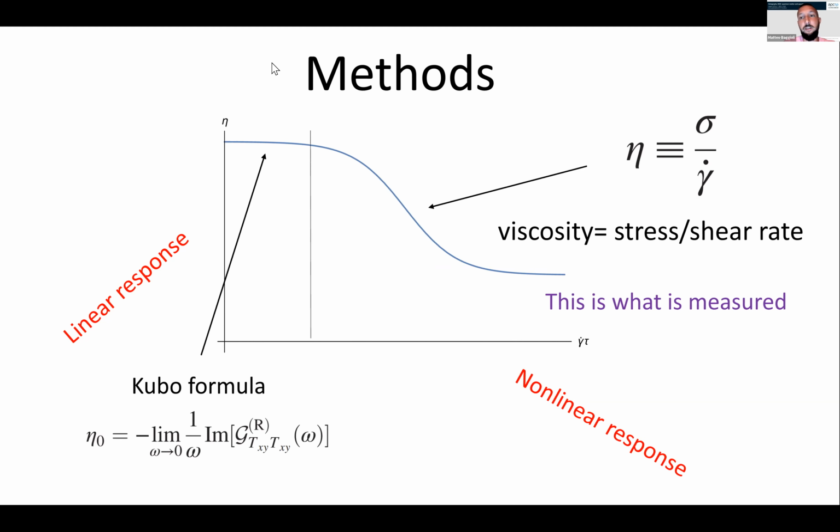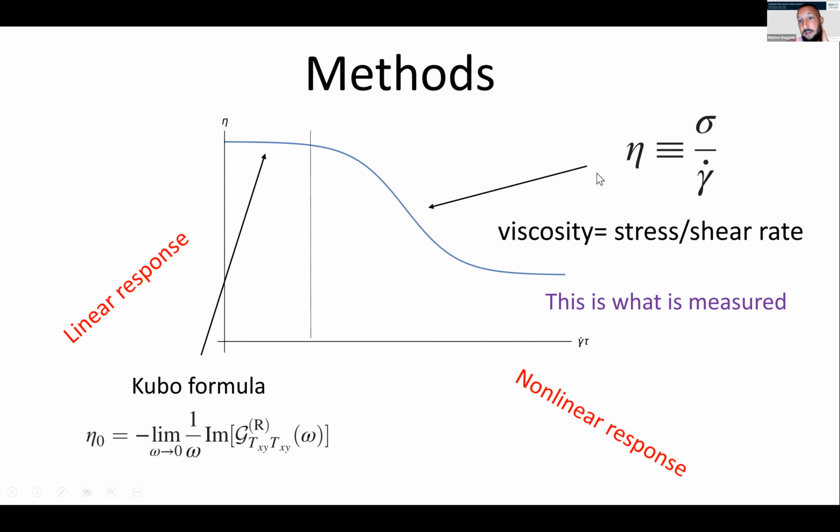And the definition is very simple. It is basically the stress, which I call sigma, the shear stress, always the component that I'm interested in, in relativistic language T_xy for example, divided by the shear rate.